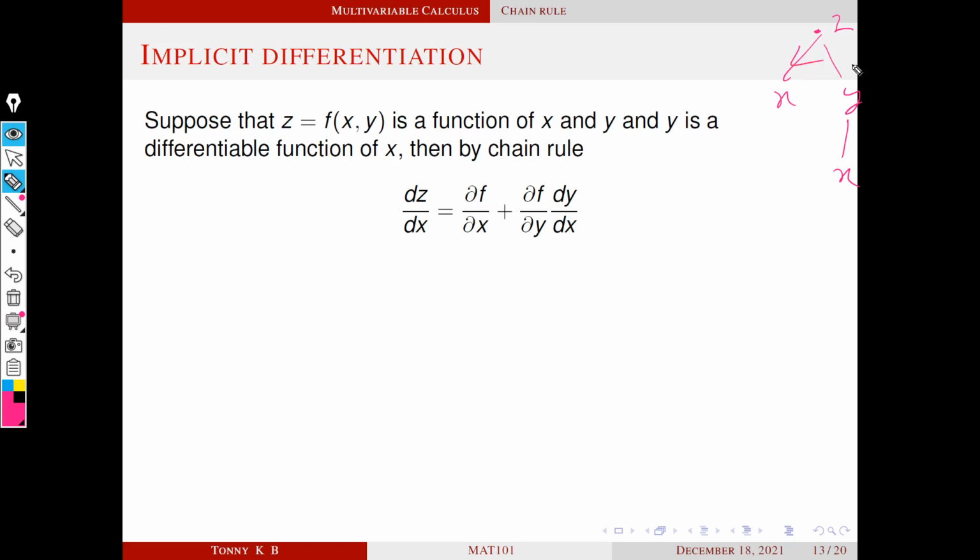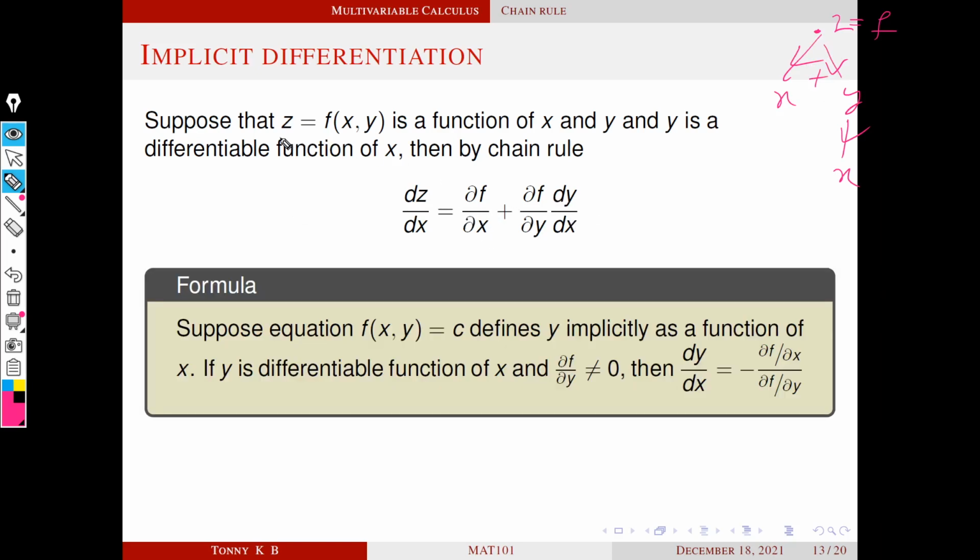First you differentiate along this path, plus then you differentiate along this leg. So dz/dx is equal to, you can treat z or f, whatever, no problem, ∂f/∂x, that means you differentiate along this leg, plus ∂f/∂y into dy/dx, right? So this is the idea.